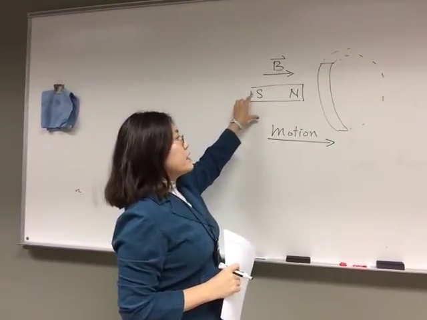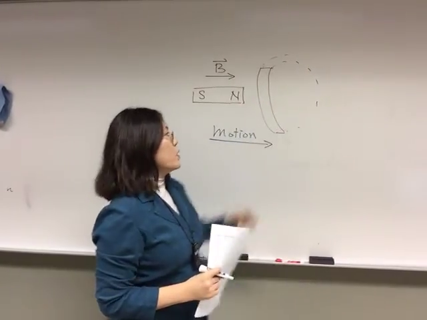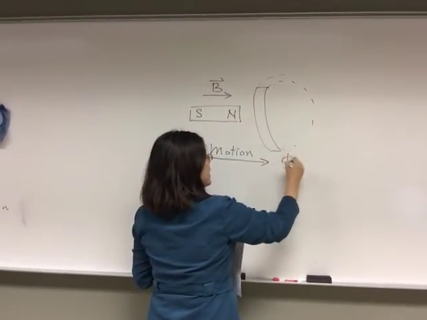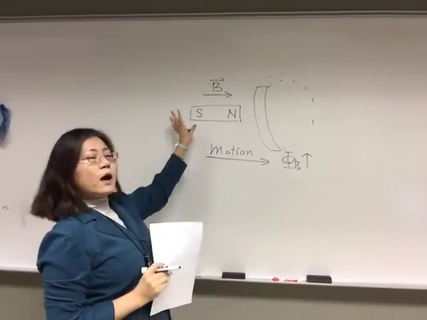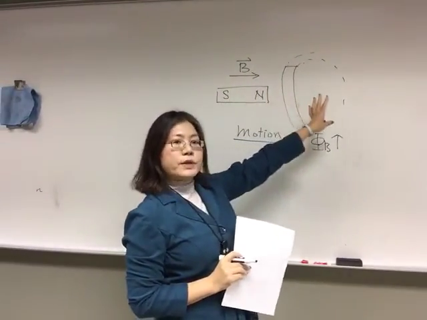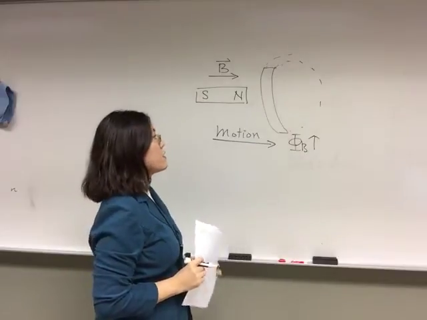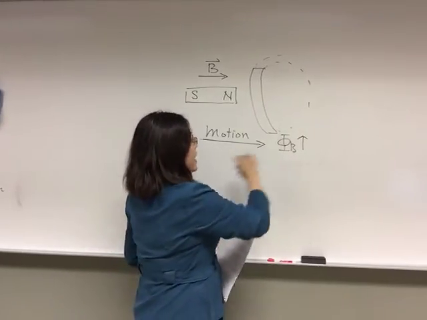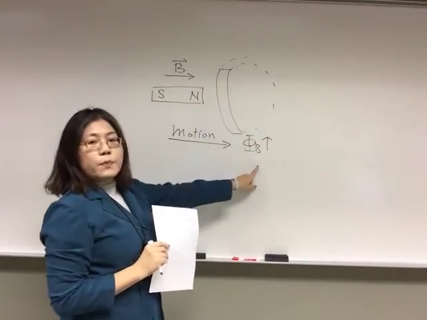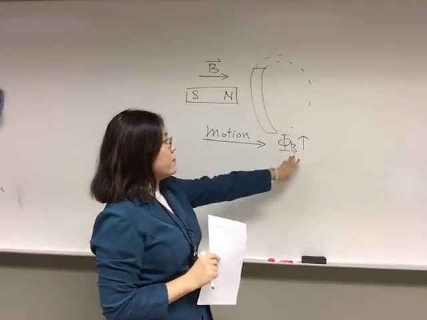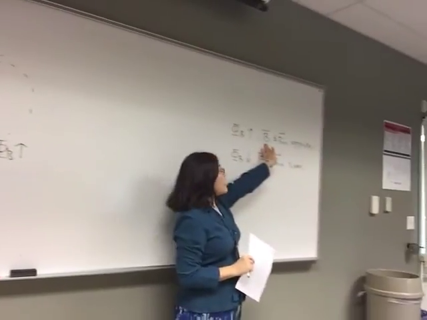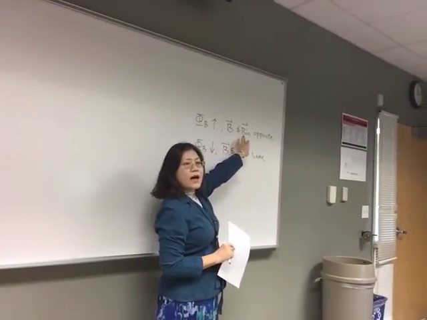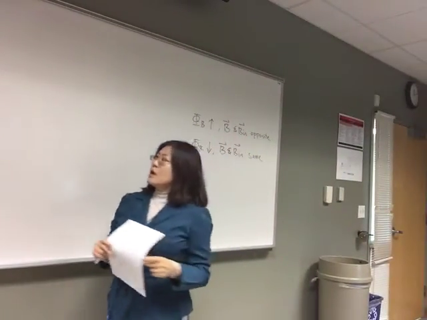When this bar magnet is closer to this current loop, we know that magnetic flux increases, right? Because you have more magnetic field lines passing through the cross-section area of the loop. By Lenz's law, and also by Faraday's law of induction, if the magnetic flux increases, the original magnetic field and the induced magnetic field have to be in the opposite direction.